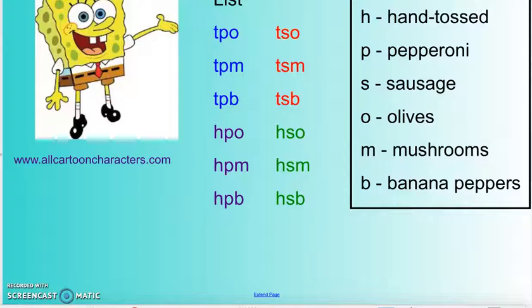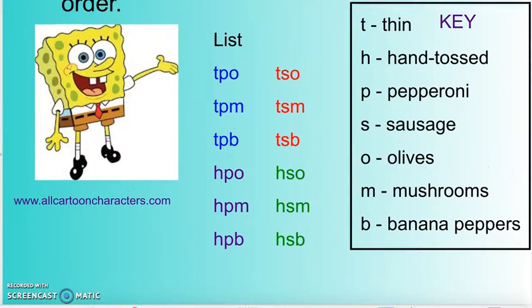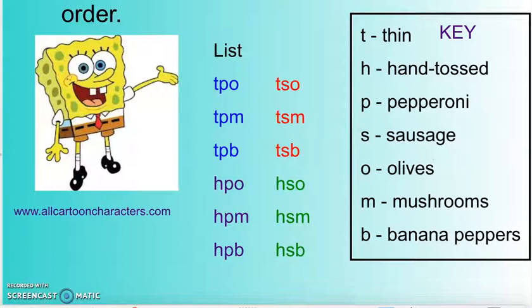I'm going to think to myself, how many different ways can I make a pizza that has thin crust? I'm thinking of what kind of meat can I put on it, and then what kind of vegetables. First of all, I'm going to stay as organized as possible with my list. I'm going to start with how many selections I can have with pepperoni on it.